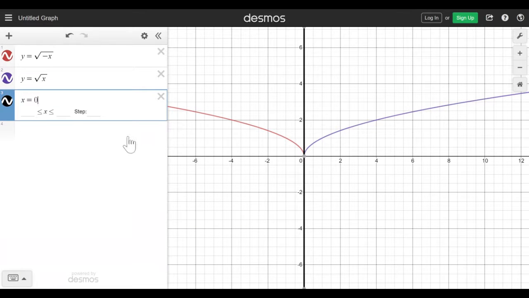So the red curve actually is mirrored going to the violet curve or the purple curve. It's just the same way as if you have this purple curve and you want to reflect that to the other side, you just put a negative inside the radical sign. So states the rule from the reflection across an axis.